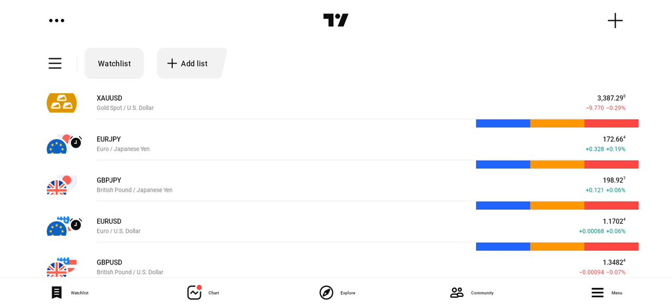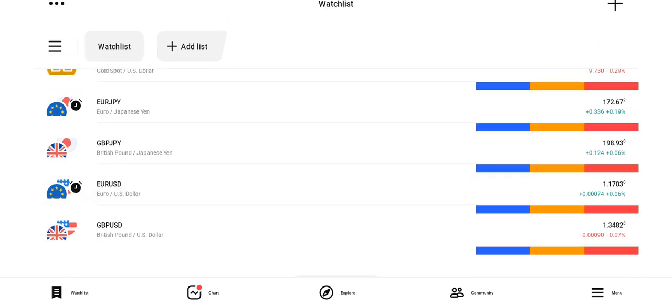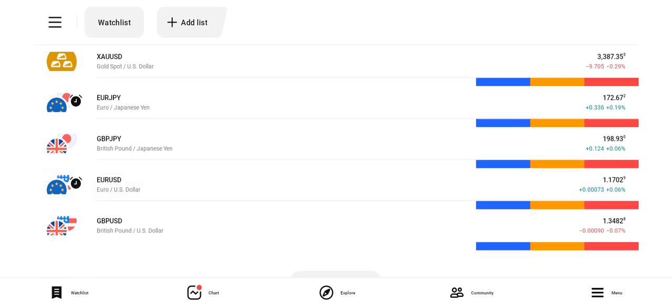So, as you've known, these are all the pairs that I trade. I was trading gold, EURJPY, and GBPJPY before, but I recently added EURUSD and GBPUSD because I noticed that since I've added them, they have been playing out.